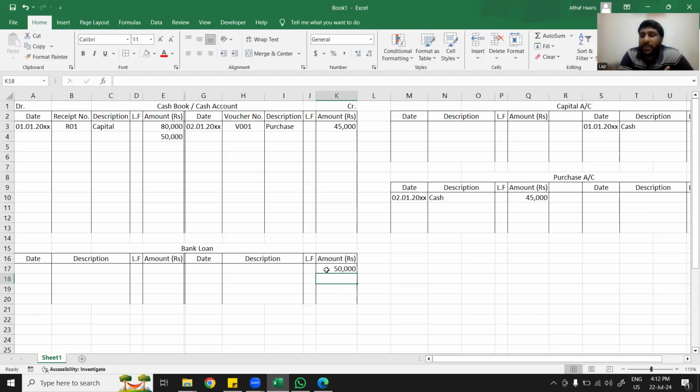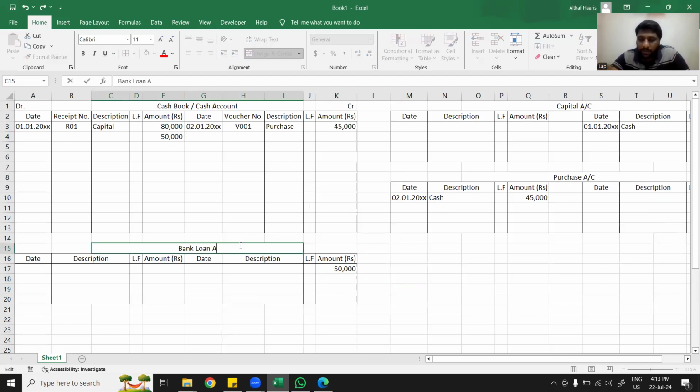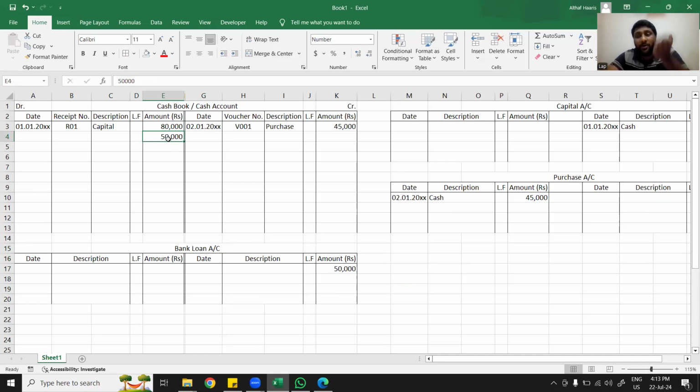Why bank loan credit 50,000, people? Why bank loan account credit 50,000? Because when you take a bank loan, you are getting money. So when you get money, cash account is increasing. Why bank loan is credit? Because my liability is increasing. Any transaction will have two impacts.